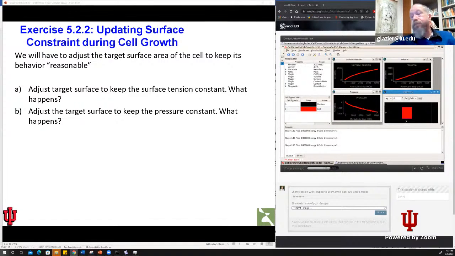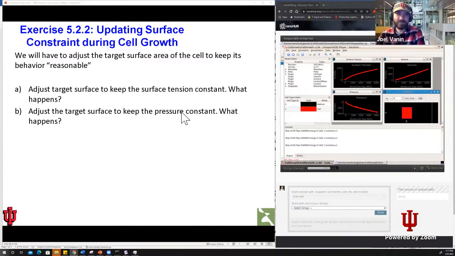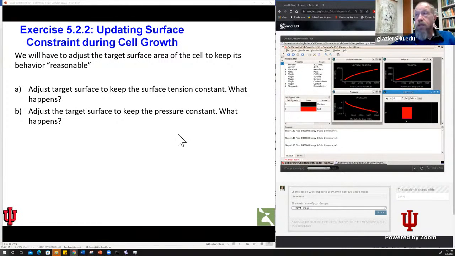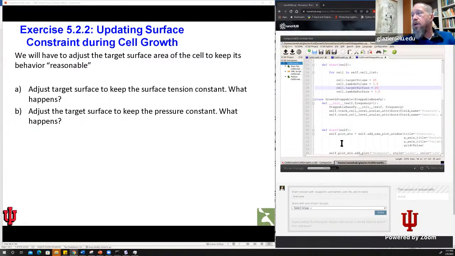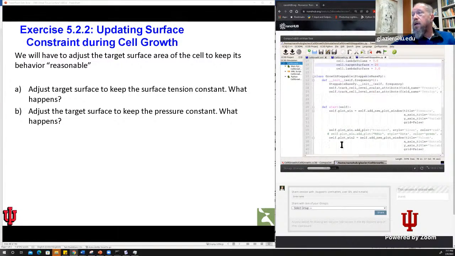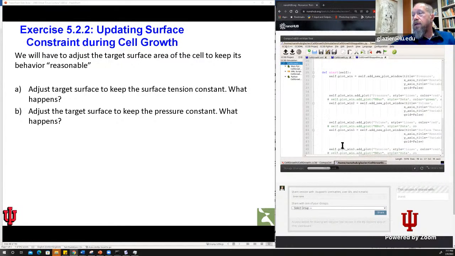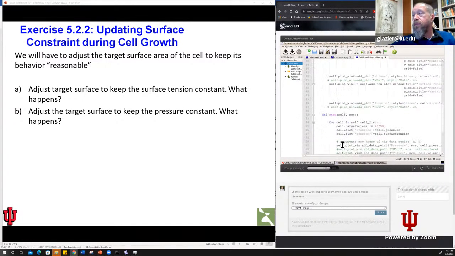I thought I was okay. The cough, and then it wound up. Then I didn't. Okay. So keeping the pressure constant actually makes more sense, but it's a little bit more work. So let's try adjusting the surface, so that we keep the surface tension constant.